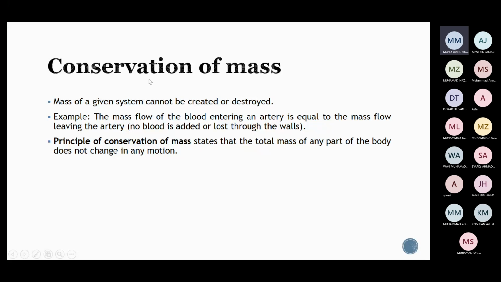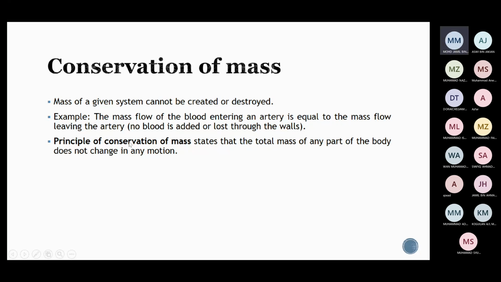Let's look at the first conservation law, which is the conservation of mass. Basically, the mass of a given system cannot be created or destroyed. For example, the mass flow of blood entering an artery is equal to the mass flow leaving that artery, assuming that there is no blood added or lost through the walls.